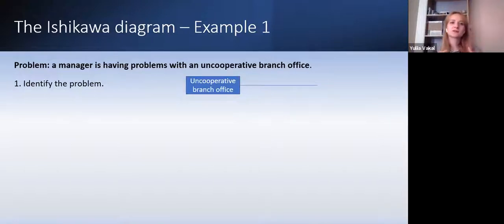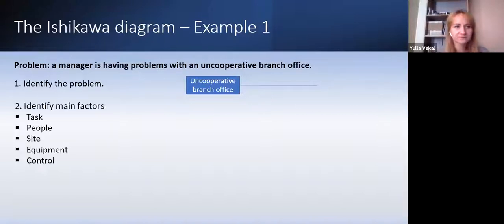So we said that we need to start by drawing this fish head, right? It could be on either the left-hand side or the right-hand side. It doesn't matter how you start. If you use a tool, it should probably be predefined. But in this case, it's just on the left-hand side. So the problem is an uncooperative branch office.